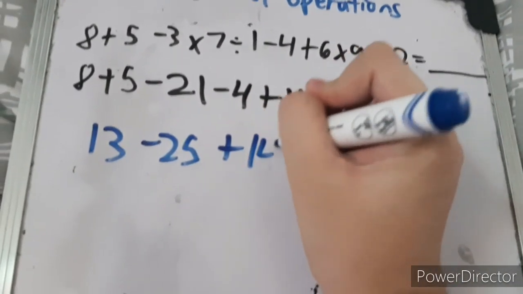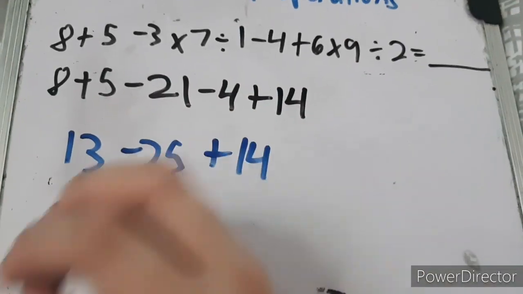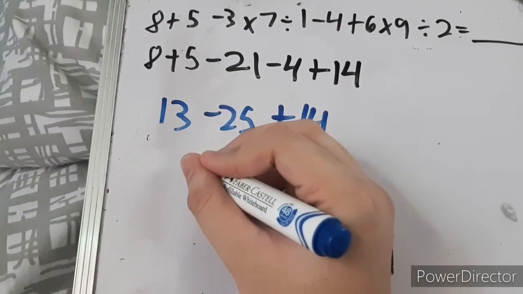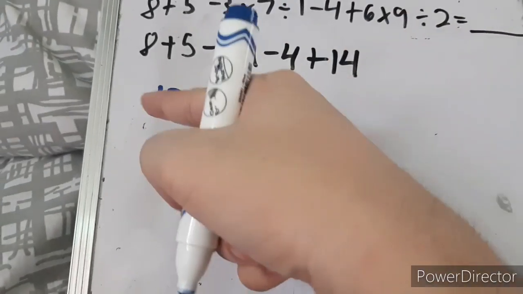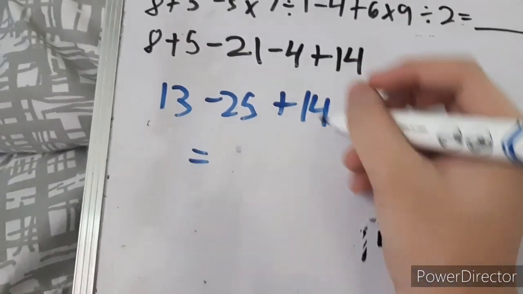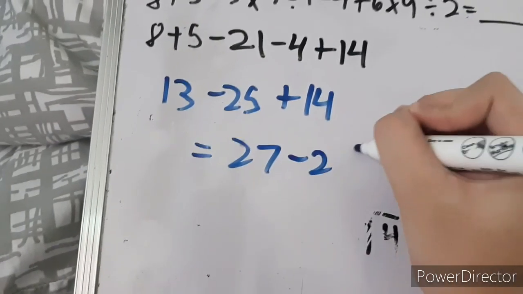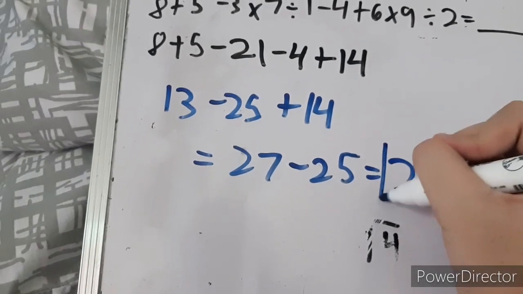Plus 27, kung tandaan mo lagi ang symbols nito. Okay? So the answer dapat is 2.